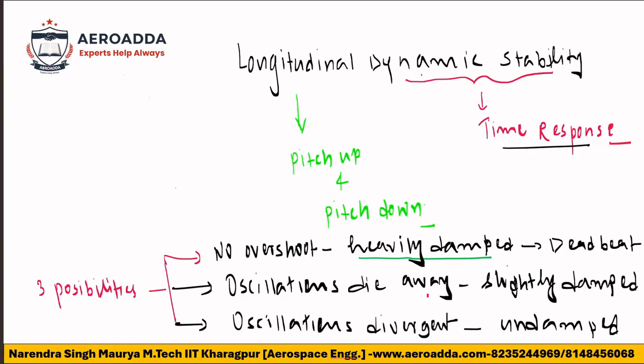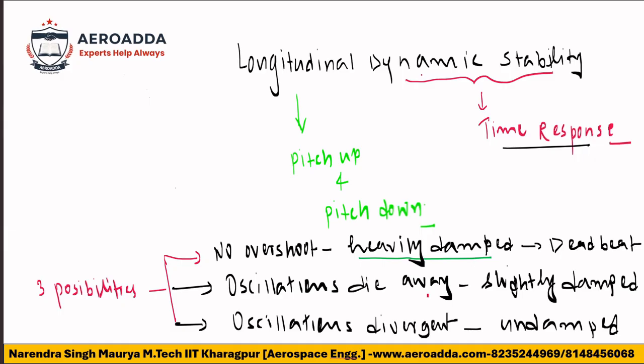So again you will have the same orientation, the same attitude of the aircraft. So that is the slightly damped. Damping will be there, but it is not highly damped. It is slightly damped, meaning slowly and slowly it will get its original position, or its original condition. That is the oscillations die away, slightly damped.